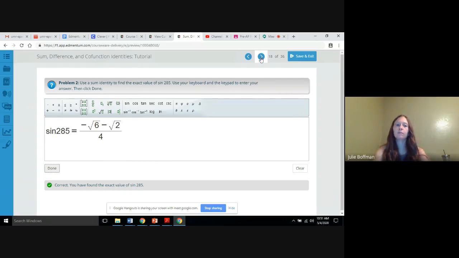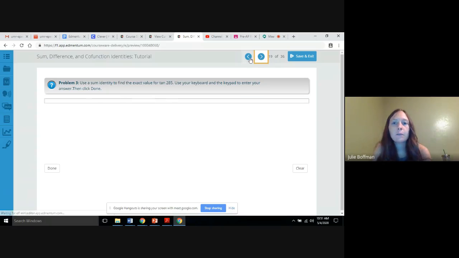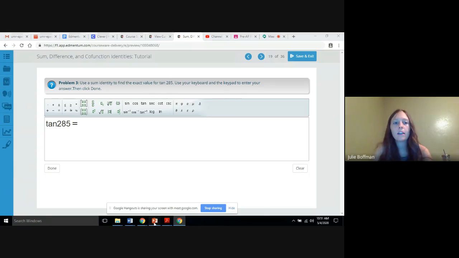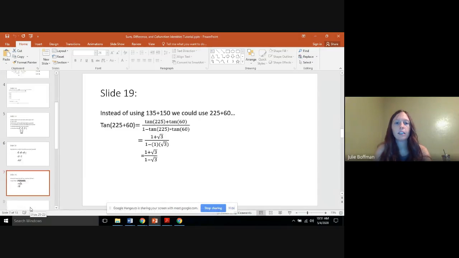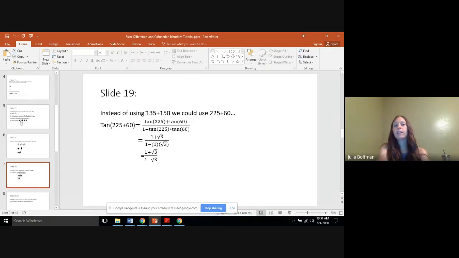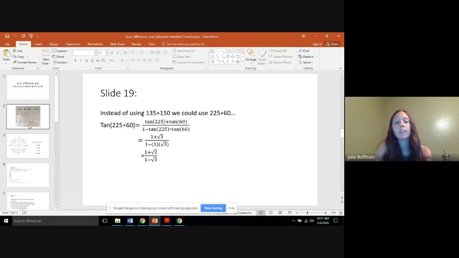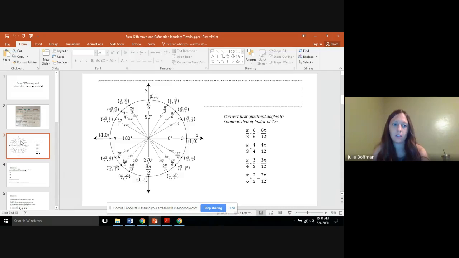Okay, so for tangent, I think I explained this, if you use those same two angles, 135 and 150, you're going to have a fraction within a fraction. Let me show you why. This isn't necessarily wrong, but it's not going to match your answer.